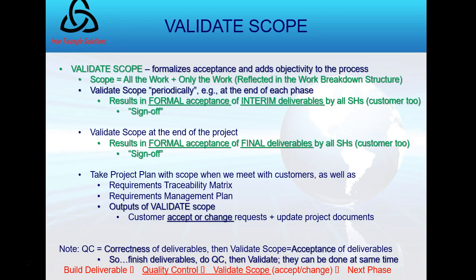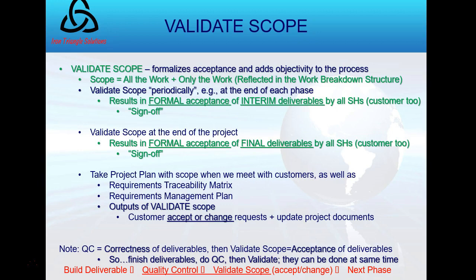Imagine if I just refurbed an entire airplane. Would I want to spend 3 weeks doing quality control and then call the customer and spend another 2 weeks going over validate scope with them when I could do them at the same time?